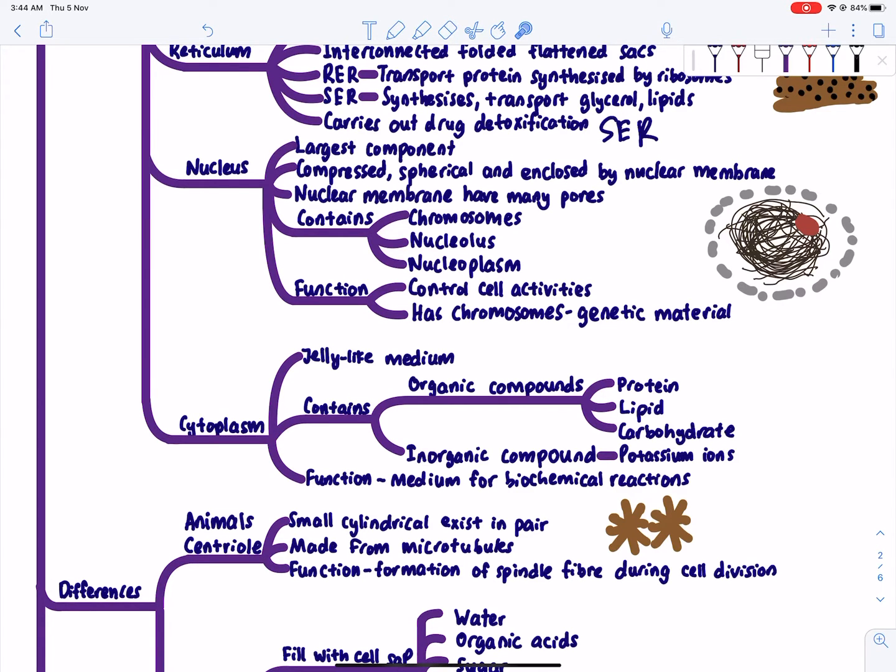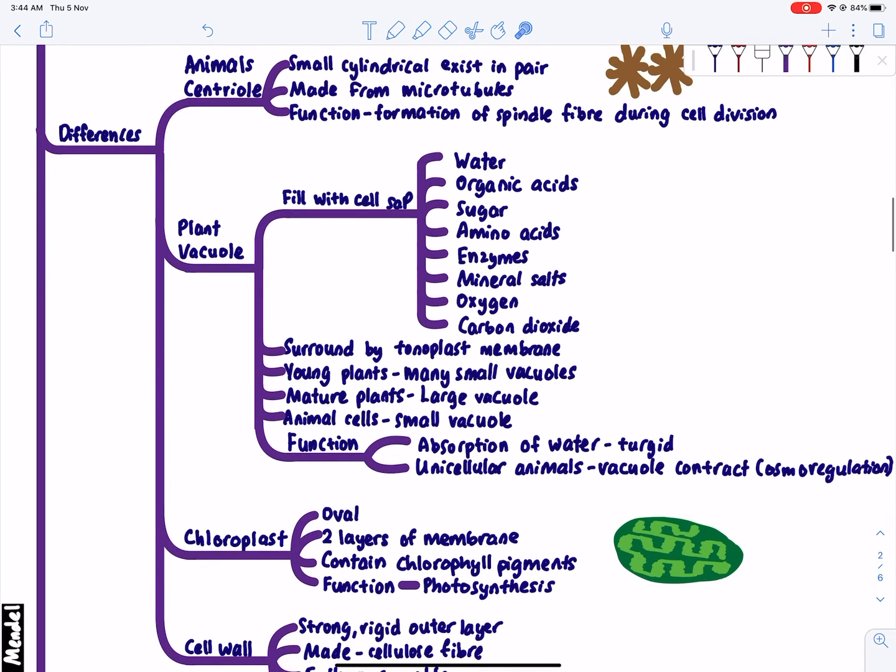And then we move to the difference between the animal cell and plant cell. The differences and similarities you can see on page 27. They have a table there explaining the similarities and also the differences.